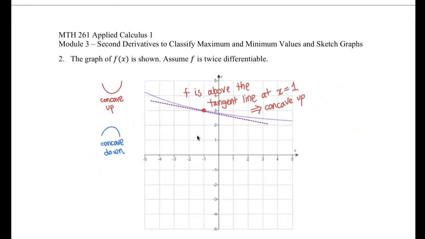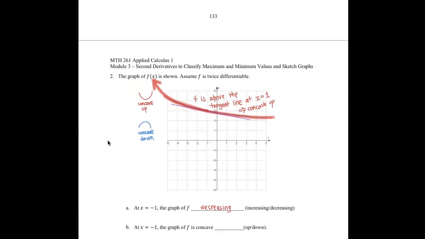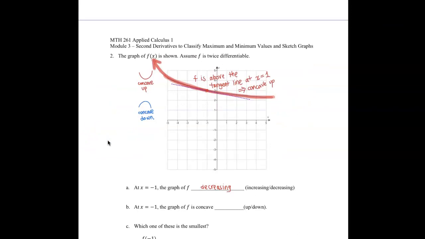But if I try to sketch a curve, you see how this graph is curled up to the left, right? It's kind of curling up to the left. So this is definitely a concave up graph, because a concave down graph would be pointing down. So we will say the answer down here is concave up.